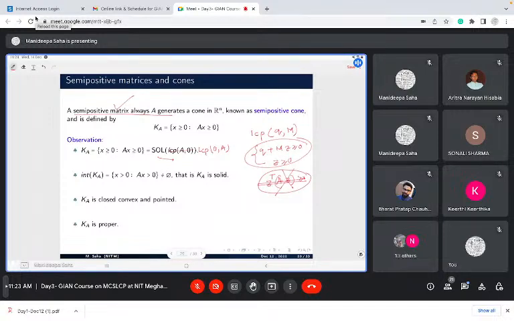For these M matrices, P matrices especially, or semi-monotone matrices, I don't have any idea whether people are still working on generating the cone. I'll see if I can find some article, then maybe I'll forward it to you. Yeah, ma'am, that's all from my side. Okay.